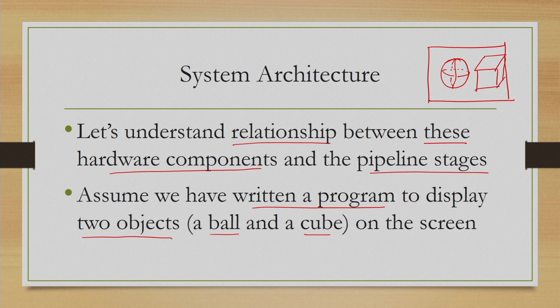We want to show these two objects as an image on the screen, and we have written a program to do that. Then let us try to understand with respect to the generic architecture what happens.